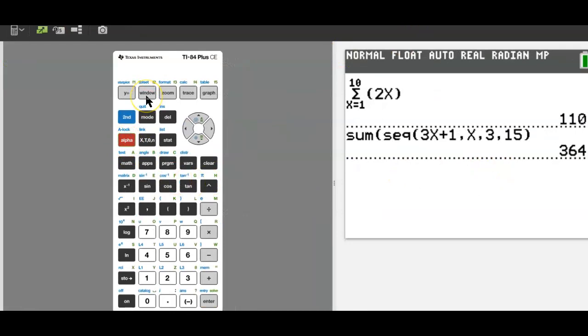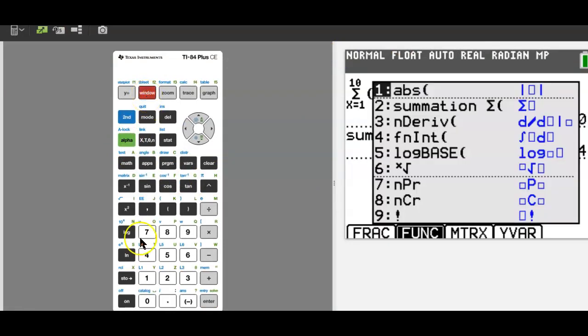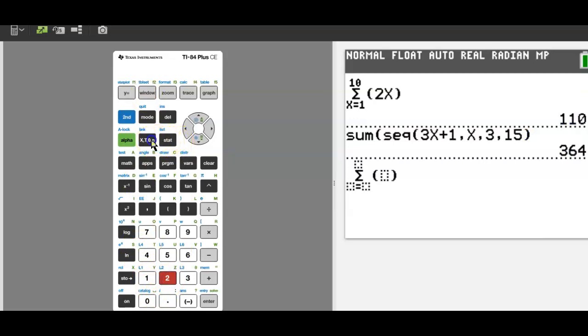Or you can go again, alpha window, choice 2, X, and we started with 3, not 1, so I want to go over to that box, up to this one and put term 15, and it was 3x plus 1. When you do these, make sure you put everything inside the parentheses they give you.